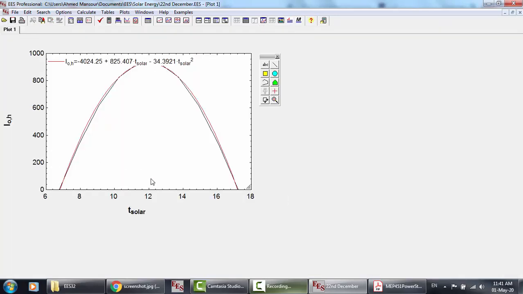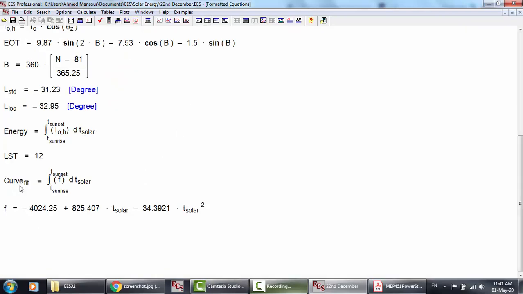So, gentlemen, this concludes that if we use the curve fit, we will get a very close value to the integral. From this equation we have here the curve fit.